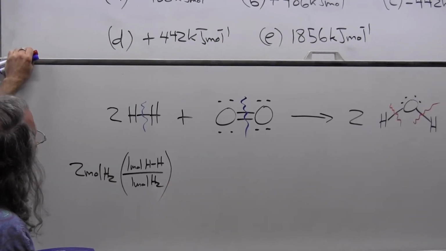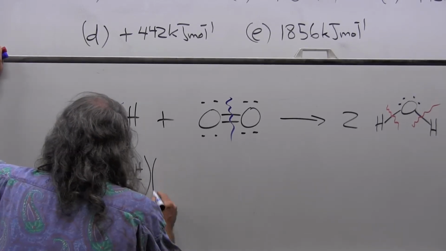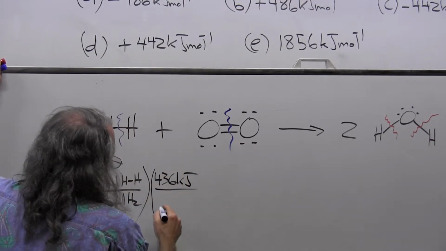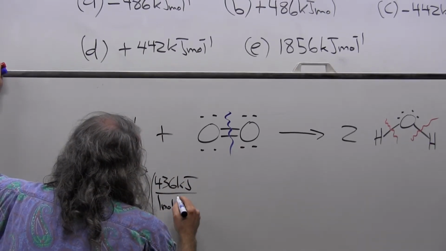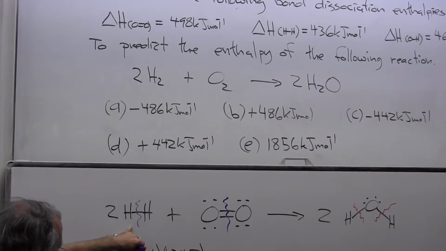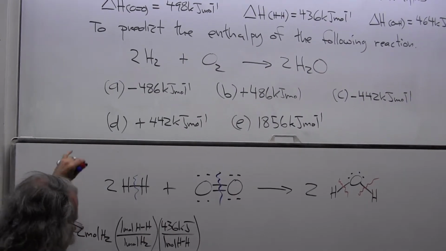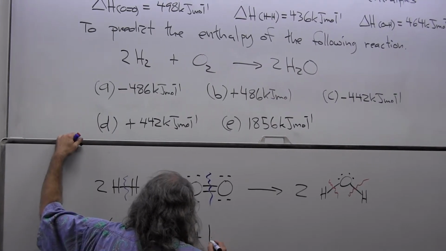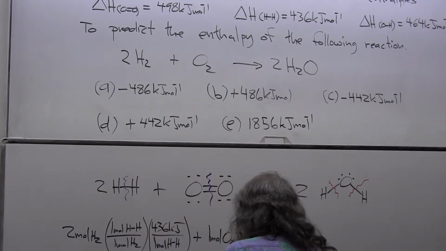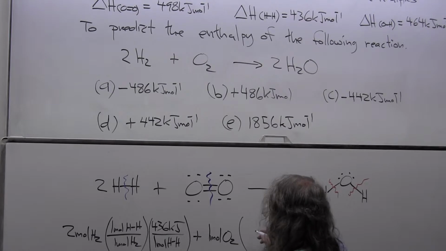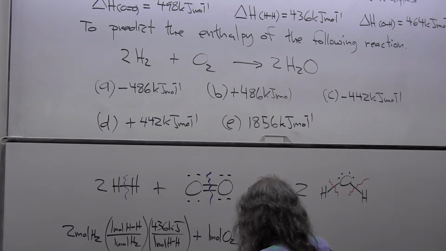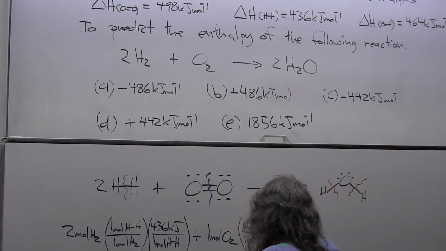And the bond dissociation energy for a hydrogen-hydrogen bond is 436 kilojoules for every 1 mole of HH, plus 1 mole of oxygen, taking the stoichiometry into account, of O2, and there is 1 mole of oxygen double bond for every 1 mole of O2.